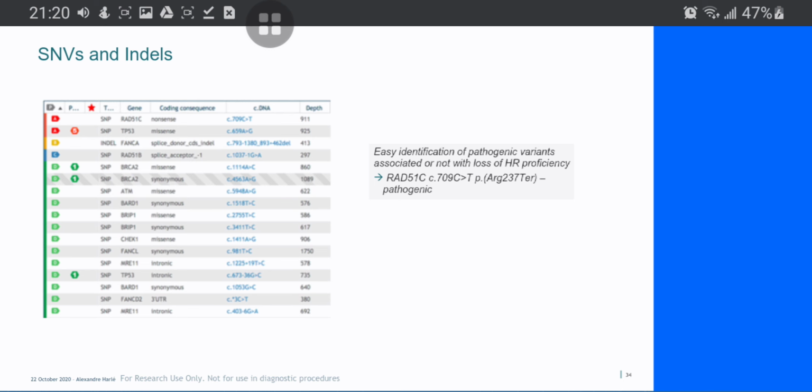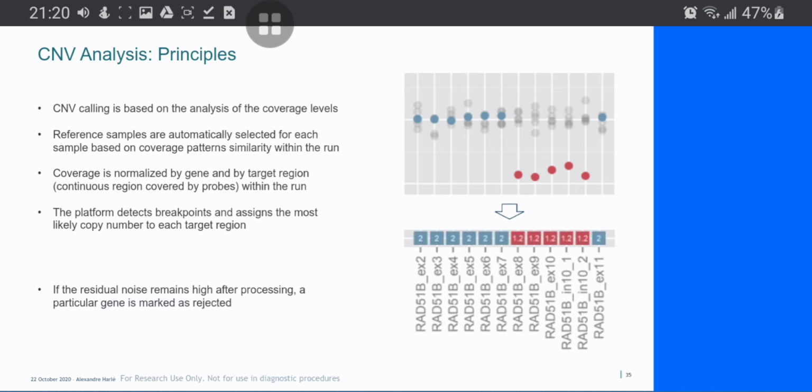But to look further and check CNV, this is the principle of the CNV analysis for these samples. It's basically based on the analysis of the coverage levels. And the reference samples are automatically selected for each sample based on coverage patterns, similarity within the run.